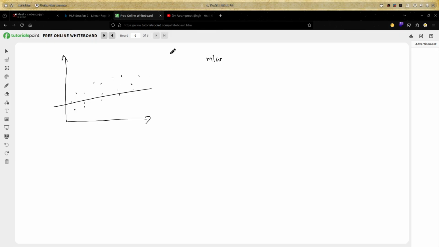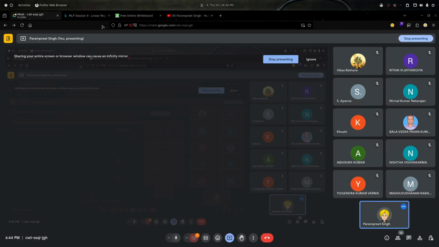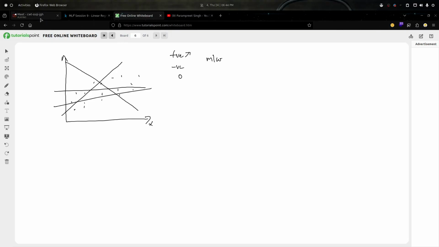If the slope is highly positive, then our line will be more slant like this. If the slope is negative, then our line will start from a higher value and decrease as the value of x increases. And if we have the slope 0, the line is constant. Am I right, guys, about the slope? Yeah. Okay.